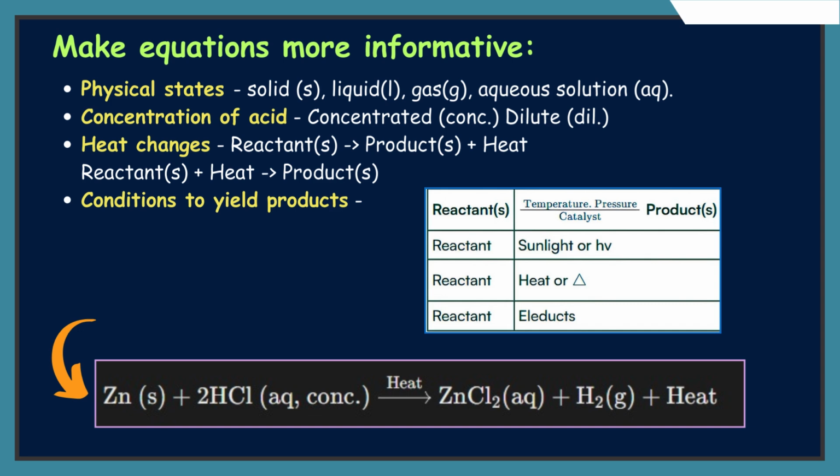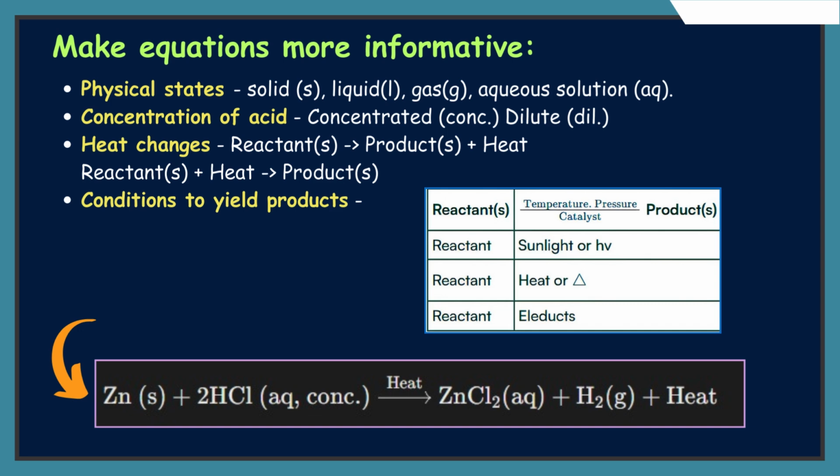We also show if heat is given out or taken in during the reaction. If heat is given out, we write products plus heat. If heat is taken in, we write reactants plus heat. And we can add the things we need for the reaction to happen, like temperature, pressure, a catalyst, something that helps the reaction, or even sunlight. There's an example here.